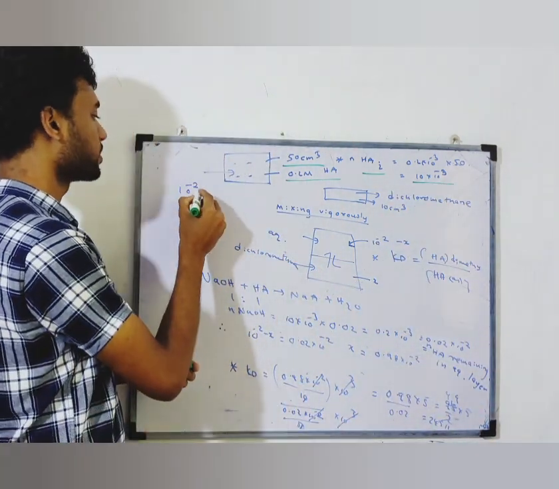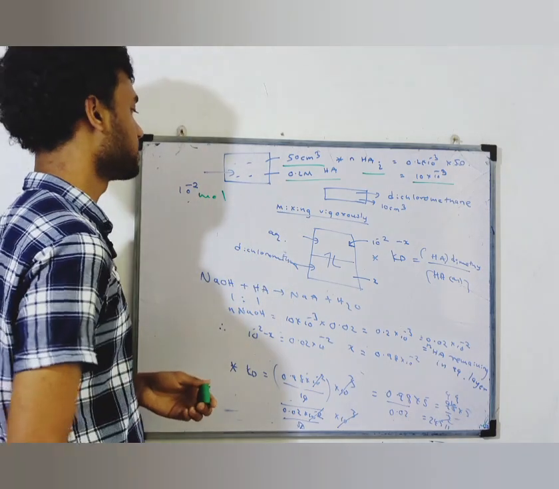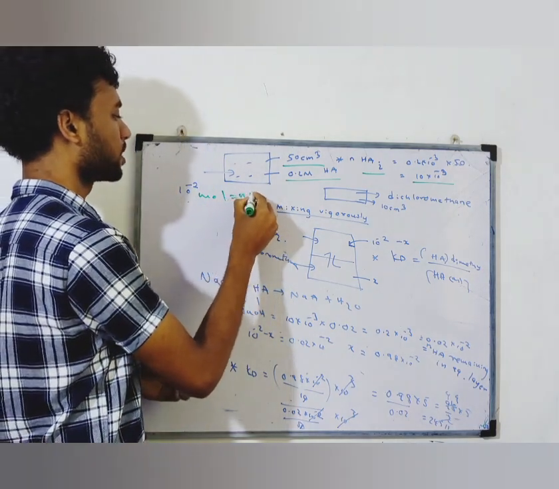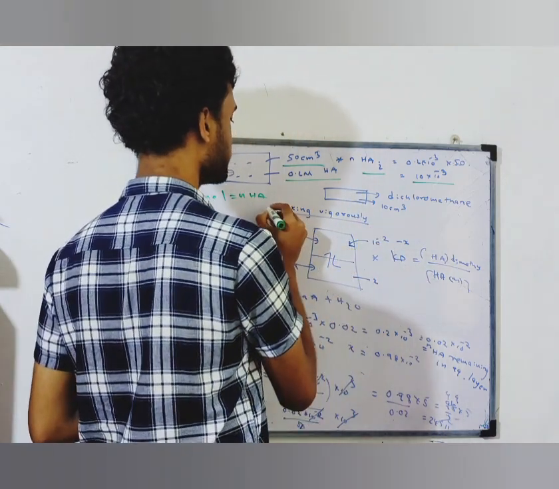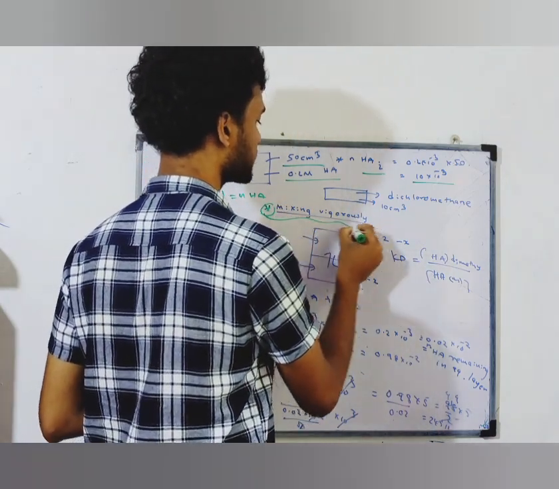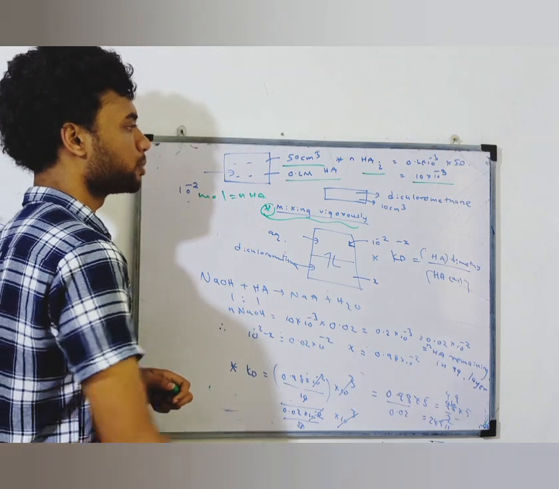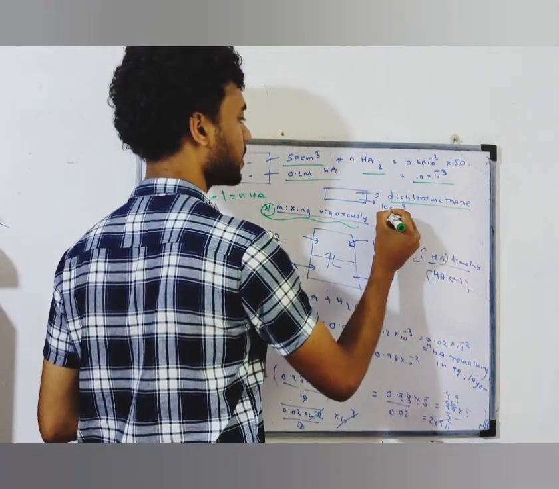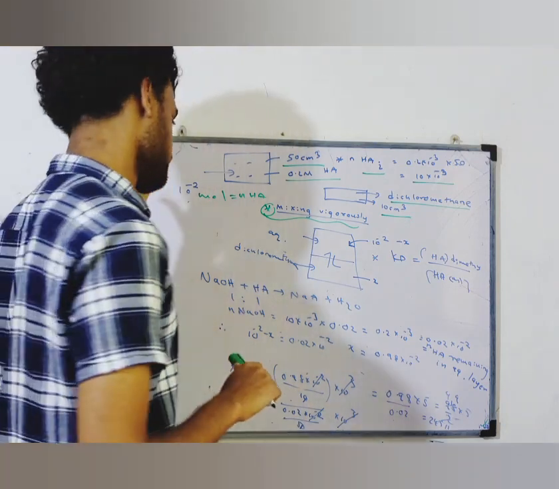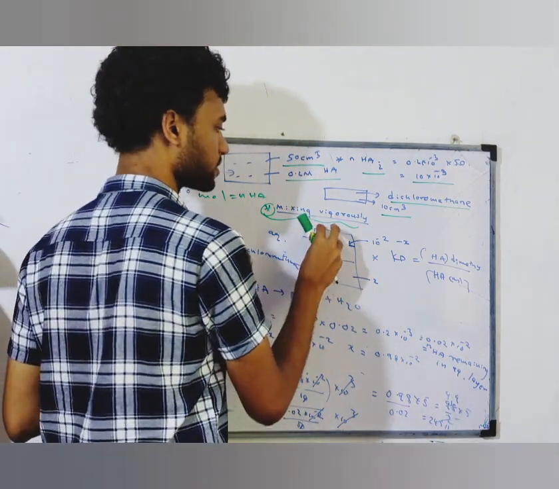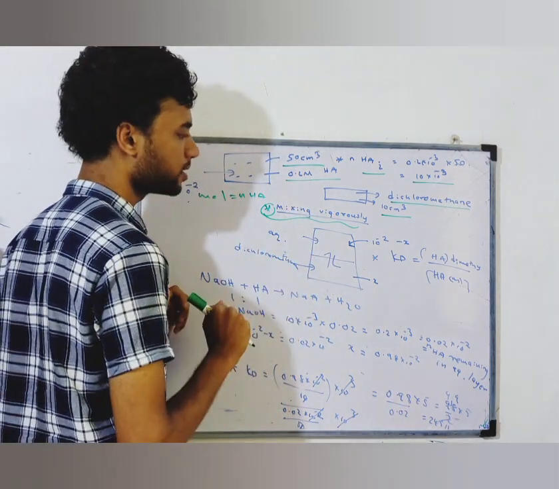That means I have 10 to the minus 2 moles of HA initially. Then we are going to mix vigorously with dichloromethane. How much do we have? 10 cm³. Exactly. Suppose I have the aqueous layer on top and the dichloromethane layer here.